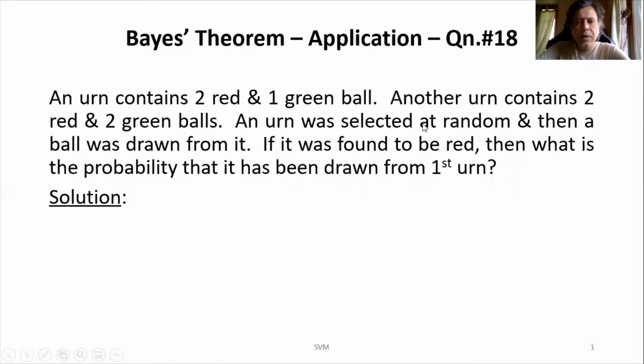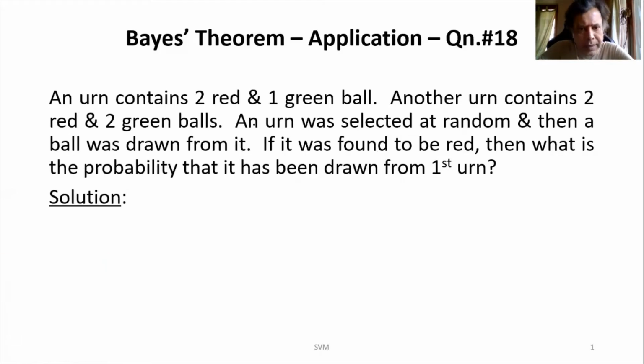An urn was selected at random and then a ball was drawn from it. If it was found to be red, then what is the probability that it has been drawn from the first urn? So here they talk about two urns.